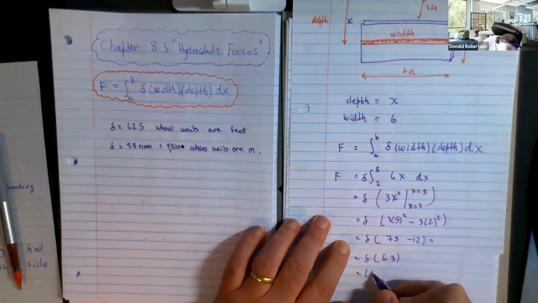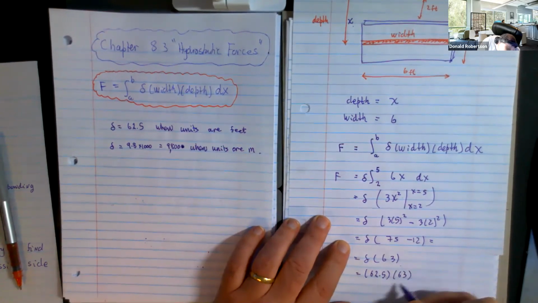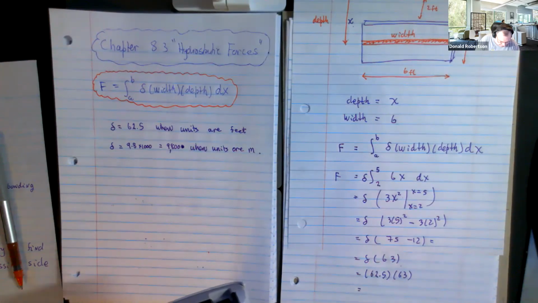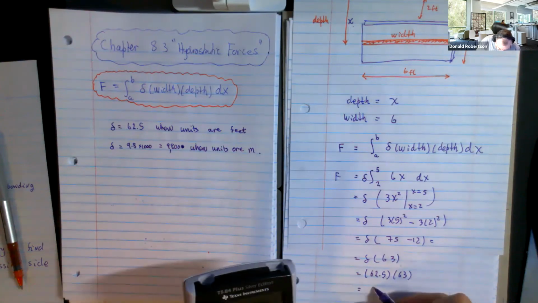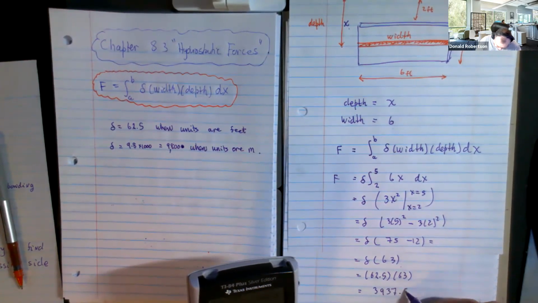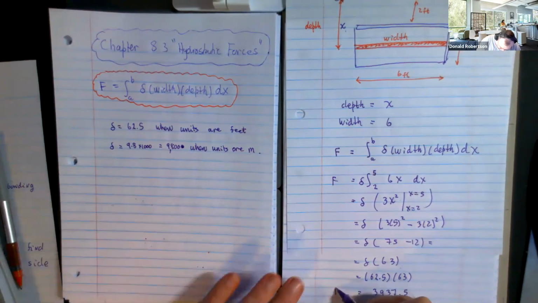And then I'm going to turn the delta into a number so I can get my answer. And it's 62.5 times 63. And I get 9339, I should say, 37.5. And there's your answer.